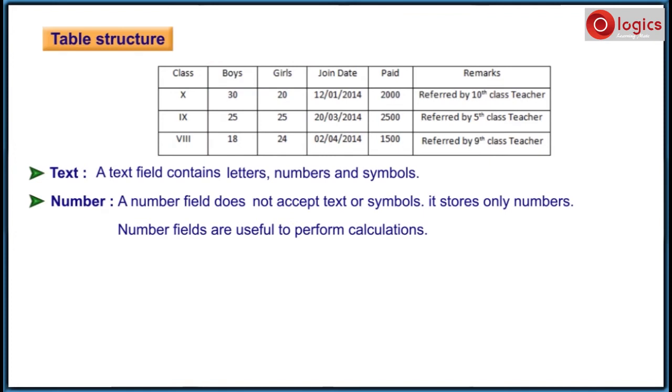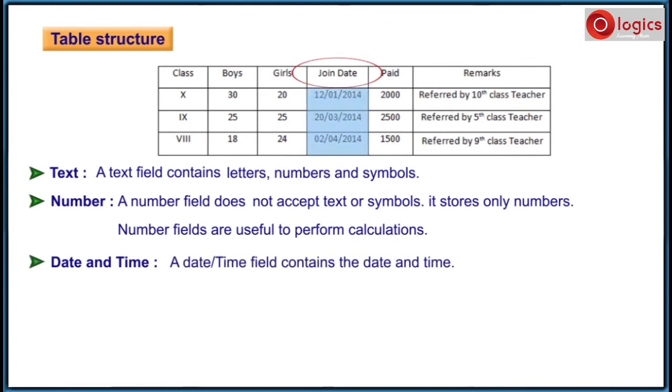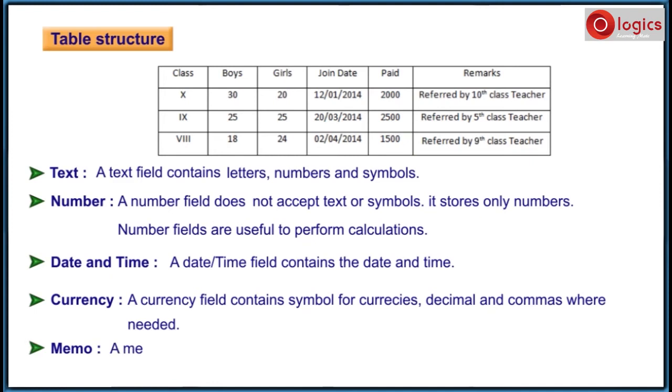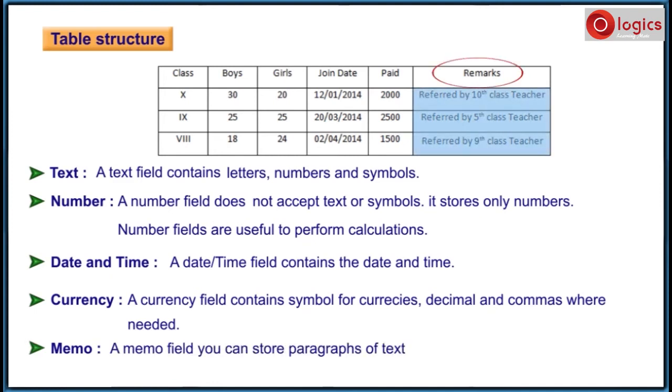The other data type, date and time. Date and time field allows you to store date and time. Currency. Currency field contains symbols for currencies, decimals and commas where needed. Memo is one type of data type using which you can store large amount of text like a paragraph.